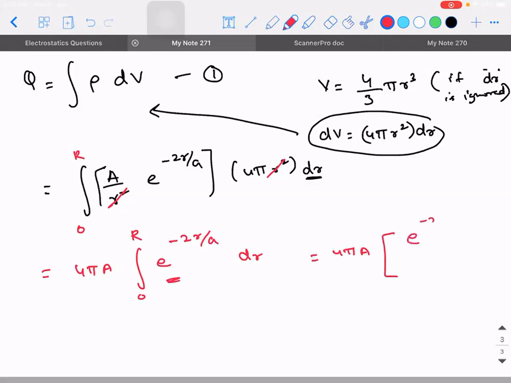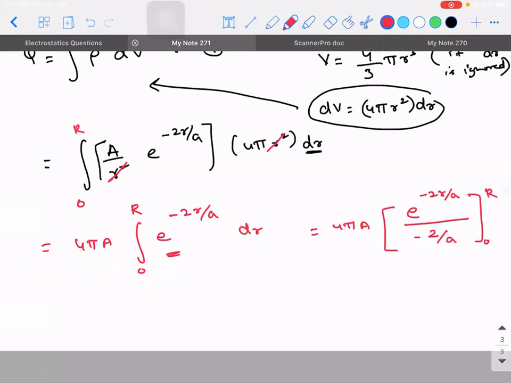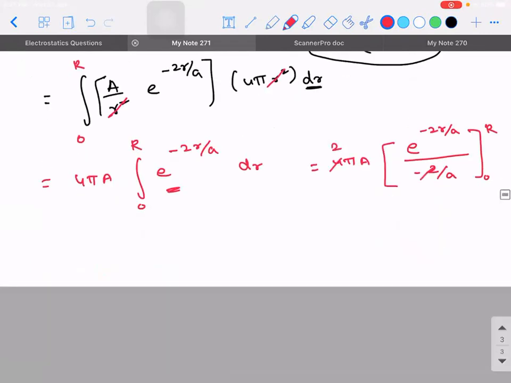It is e power minus 2r divided by a, the whole divided by minus 2 by a, from 0 to capital R. So 2 will get cancelled. Minus 2 pi capital A into small a into e power minus 2R divided by a minus 1.